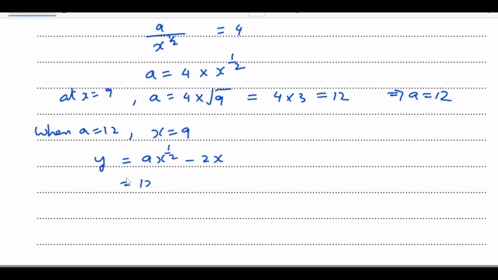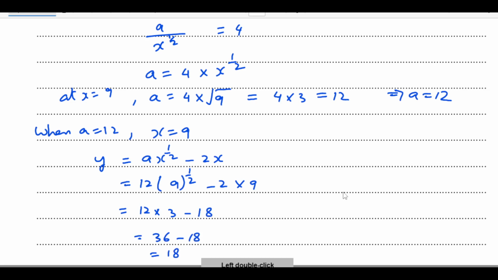So it is 12 times square root of 9 minus 2 times 9. So this is 12 times 3 minus 18, 36 minus 18, which is 18. So the required y coordinate is 18. This is our answer.